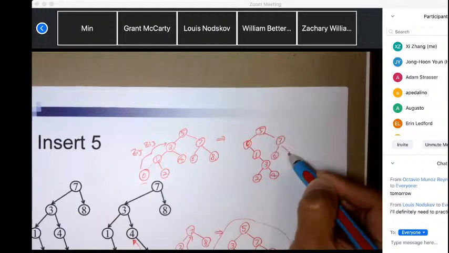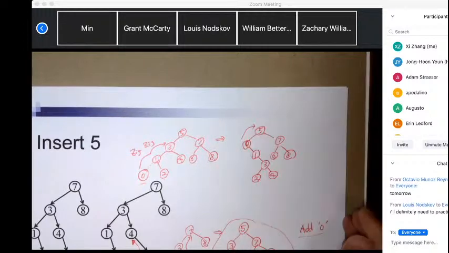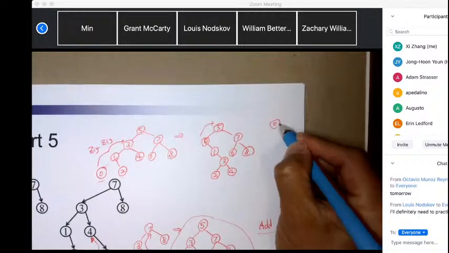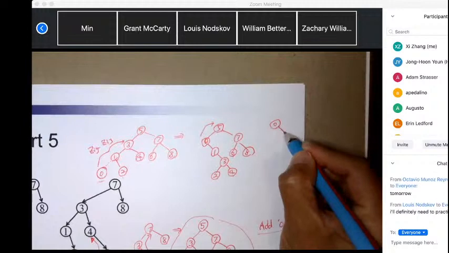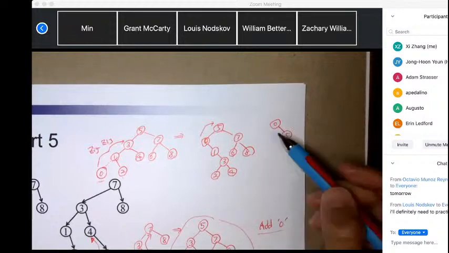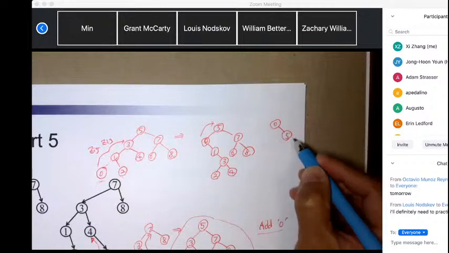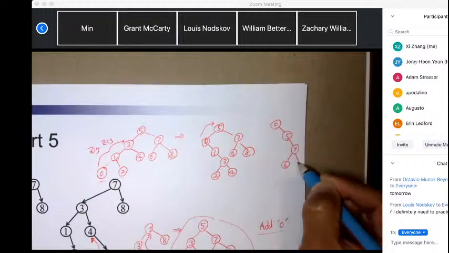The last one is nothing but a single rotation in an AVL tree. So 0 becomes the root of the tree, and 5 becomes a right child. And since 0 doesn't have any left subtree, it's an empty left subtree, and 5 stays with 7, 6, 8 as is, and this entire subtree becomes child of 5.